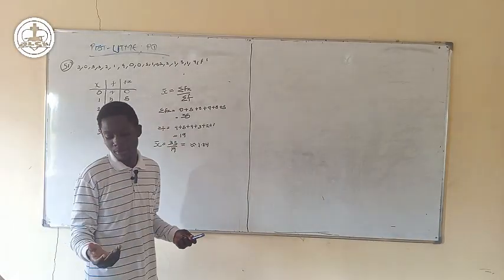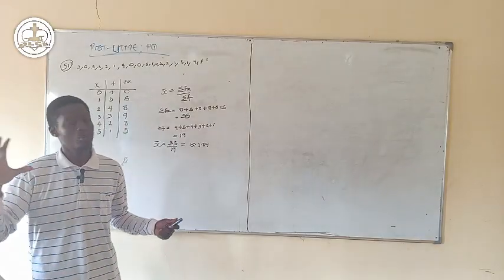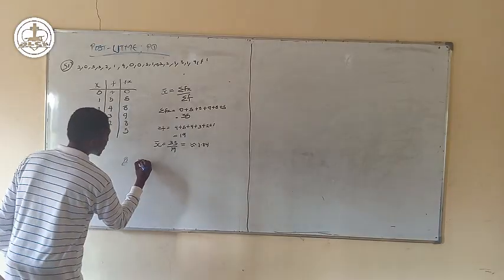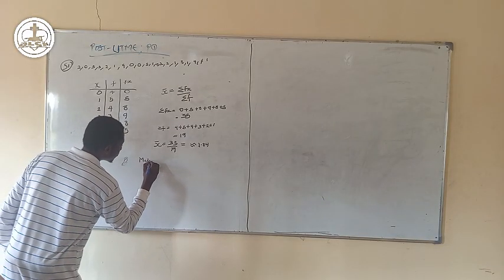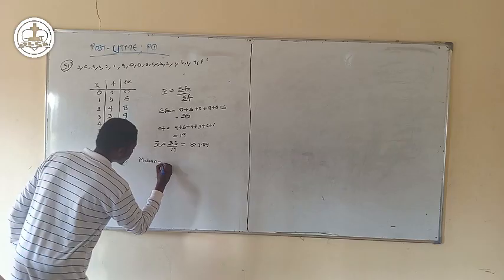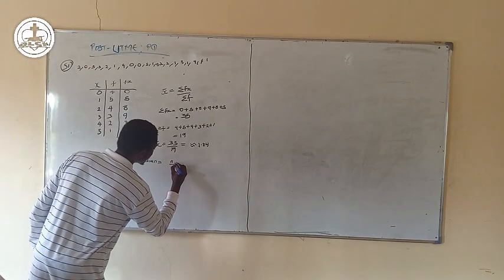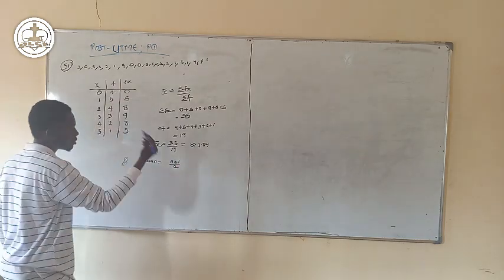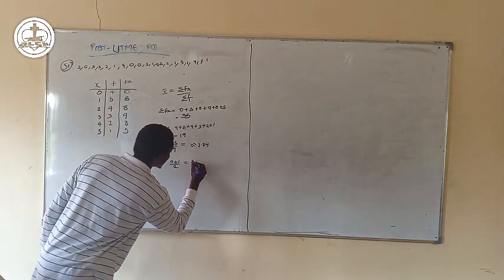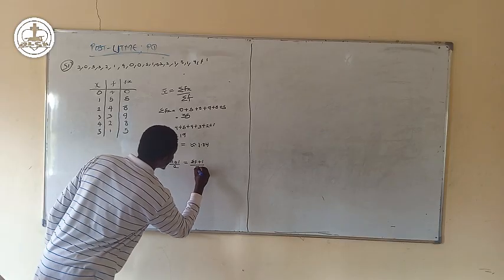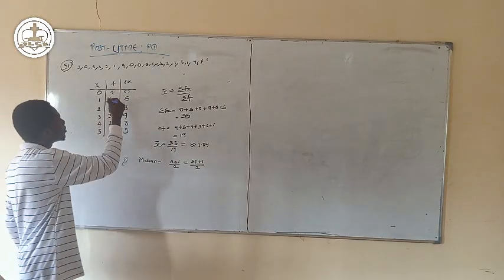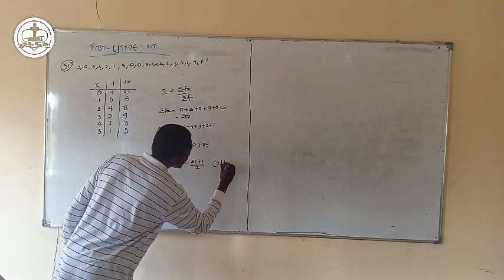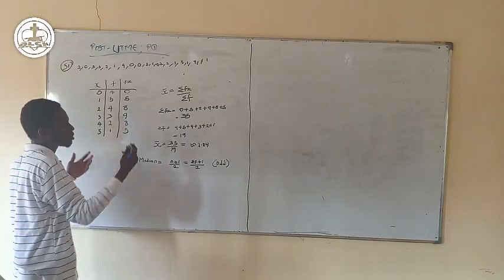Whenever you have an odd number of frequency, there is a particular formula you use to calculate your median: n plus 1 over 2. This n is the number of frequencies; you can replace it with summation f. It's the same thing. This is for when your total frequency is odd.